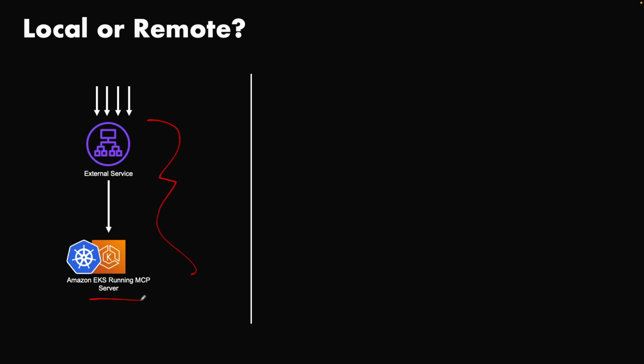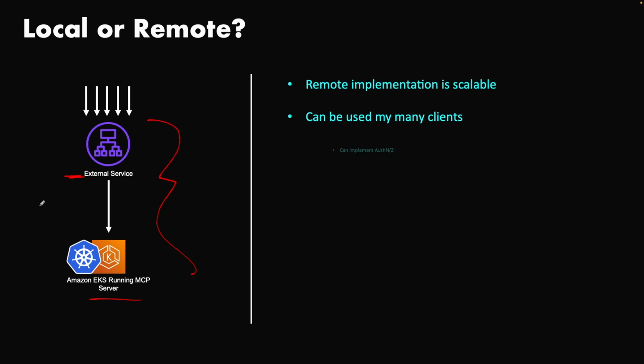You can scale out the MCP server. It can be used by many clients. If your MCP server is running on your laptop, external clients cannot use it. But here, this is literally a load balancer URL, so it can be used by any other customers.